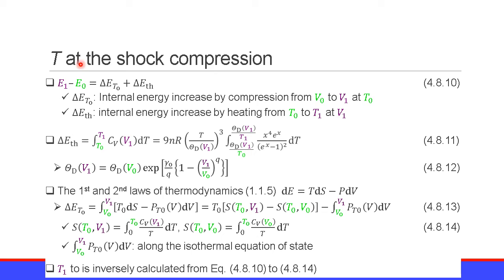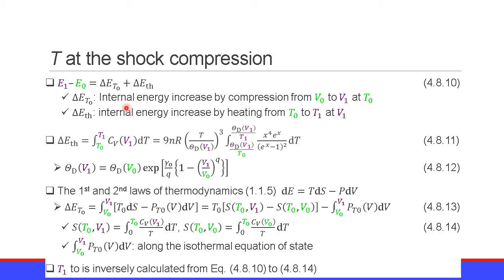Estimation of the temperature at the shock compression is very tricky. The energy increase, E1 minus E0, is easily obtained by the Rankine-Hugoniot equation. Then we can separate the internal energy increase into two parts.